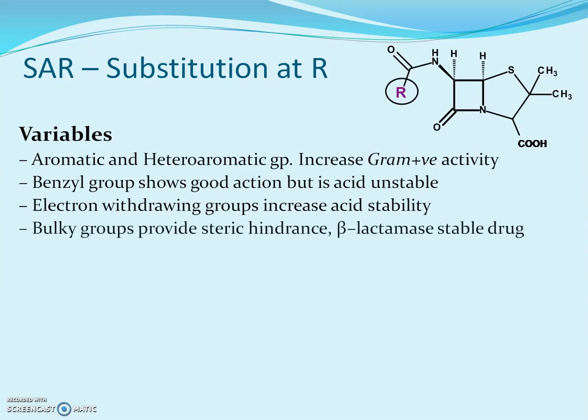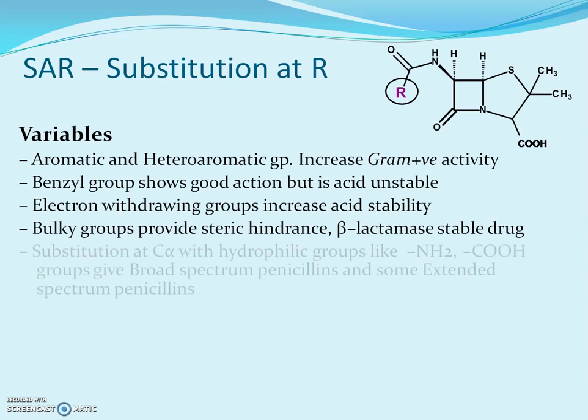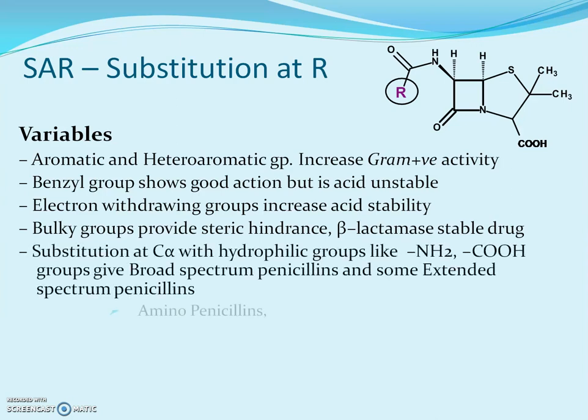Bulky groups provide steric hindrance and therefore a beta-lactamase stable drug. Substitution at C-alpha with hydrophilic groups like NH2 and COOH gives broad spectrum penicillins and some extended spectrum penicillins. This includes the aminopenicillins, the carboxypenicillins, and the ureidopenicillins.